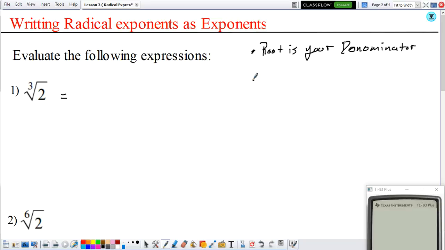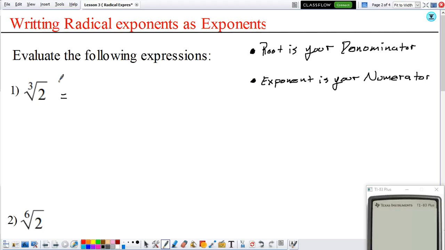The root is your denominator, and your exponent is your numerator. This is pretty important. This is the main idea for what we're about to do.